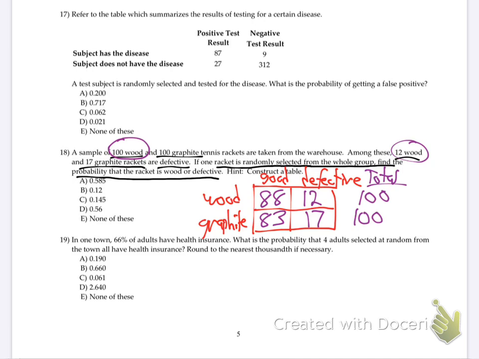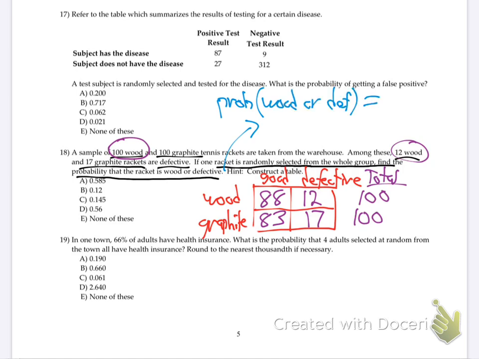Now what's their question? You're going to grab one racket at random. What's the probability that it's wood or defective?